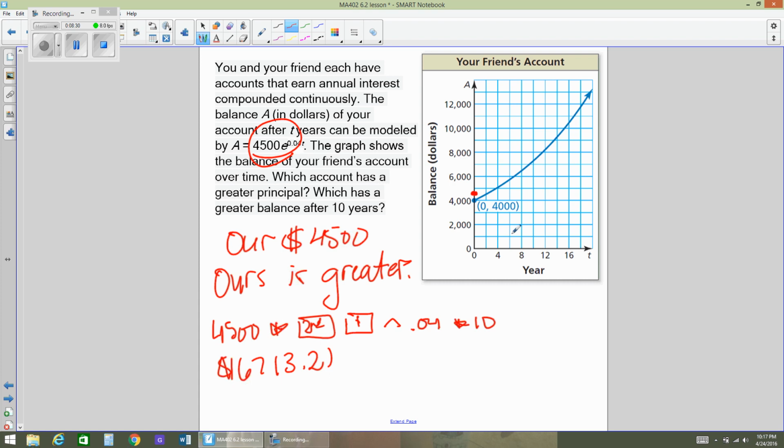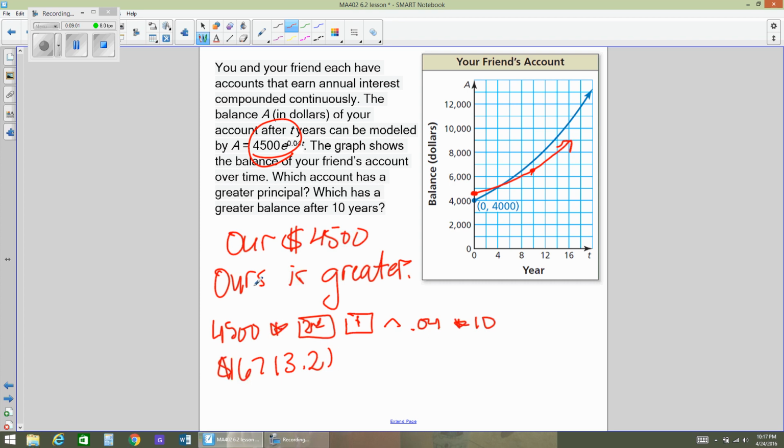Okay, so after year 10, 6,700 here somewhere. Okay, so we can see that at some point, even though we started with more money, our friend must have a greater interest rate than us because they end up with more money over time.